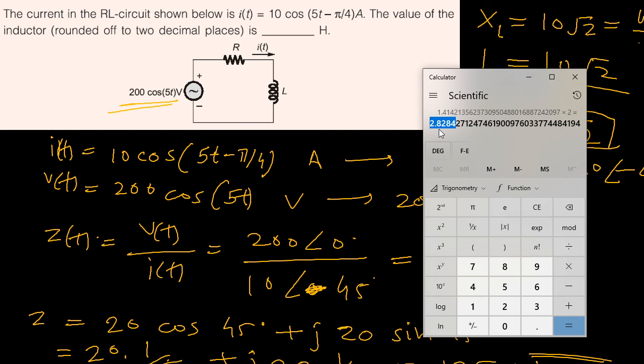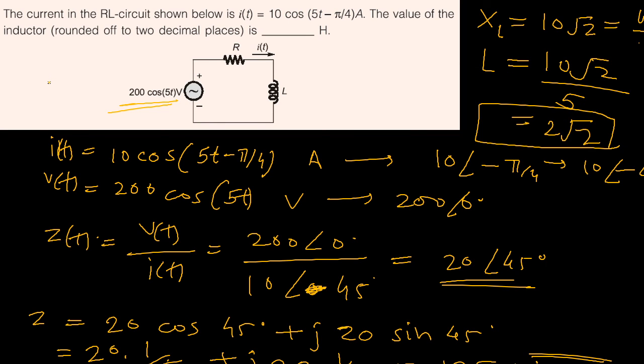so you cannot place 2.828. There is a possibility that your answer would be considered incorrect. So if you put 2.828, you should not place that. They have said rounded off to 2 decimal places, so you can place the answer rounded off to 2 decimal points.